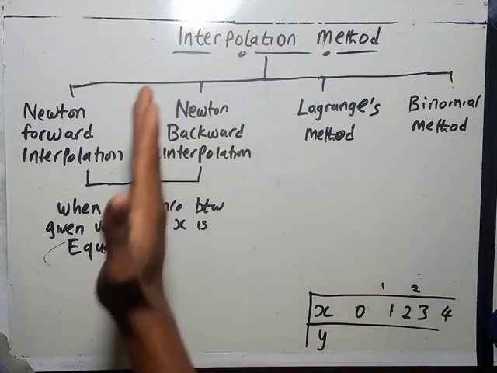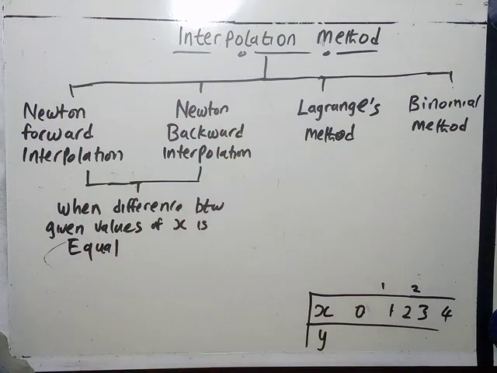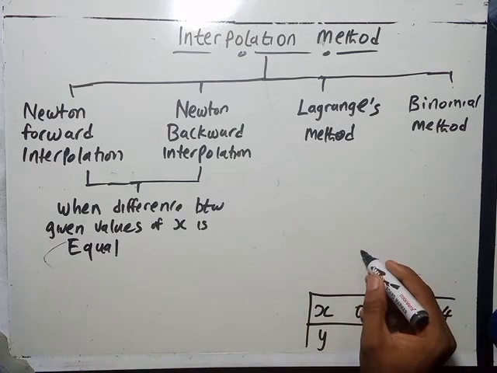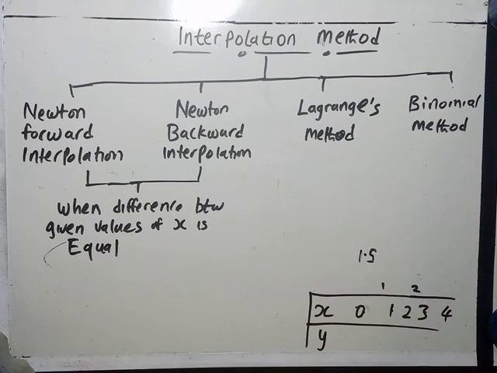Now, the reason why we also have a forward and a backward method is the position of our unknown value. Maybe you are asked to find 1.5.